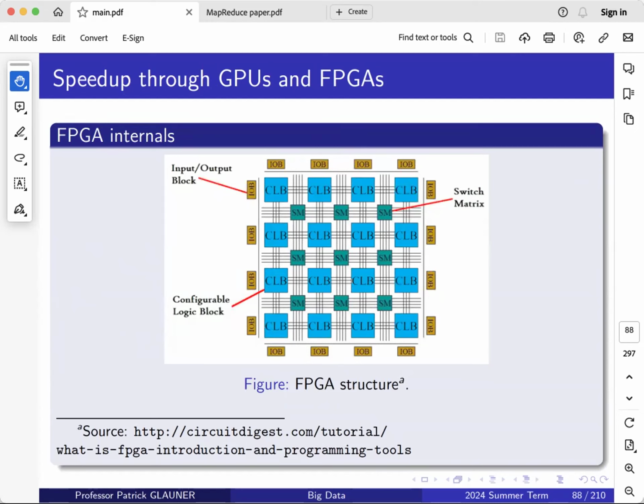So based on which FPGA you're using concretely, you need to map this hardware description to a concrete routing of the FPGA. And it has the advantage that if it doesn't work exactly the way you want it, you can just change the hardware description and then map it again on the FPGA.